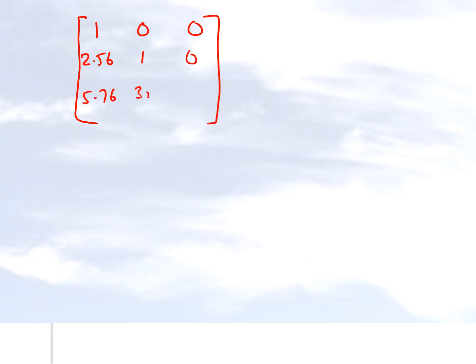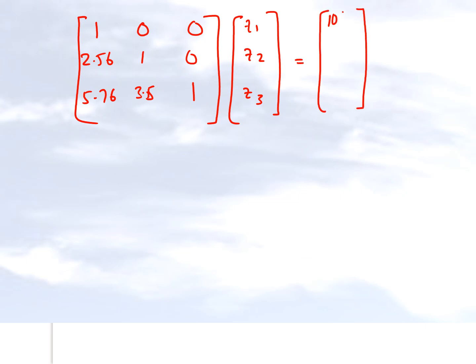So what we have is a set of equations in the matrix form, which looks like this. You can see that the coefficient matrix is a lower triangular matrix, and our right hand side is the same as the right hand side of the original equations.